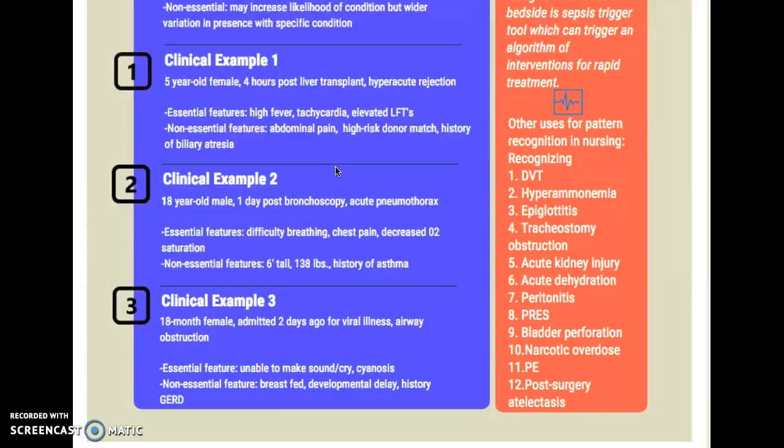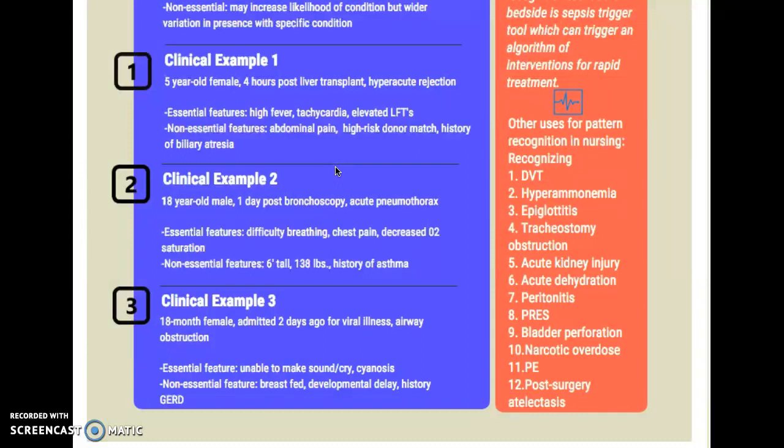Epiglottitis, tracheostomy obstruction, acute kidney injury, acute dehydration, which of course is a significant one for pediatrics, peritonitis, PRES syndrome is something I've seen many times in end-stage renal patients. It's usually precipitated by malignant hypertension and can lead to an encephalopathy picture and is a definite emergency.